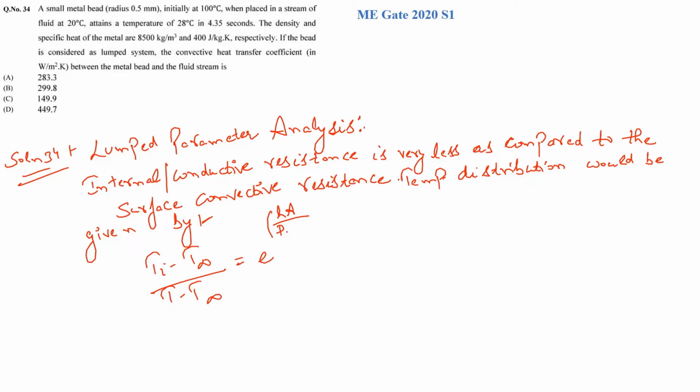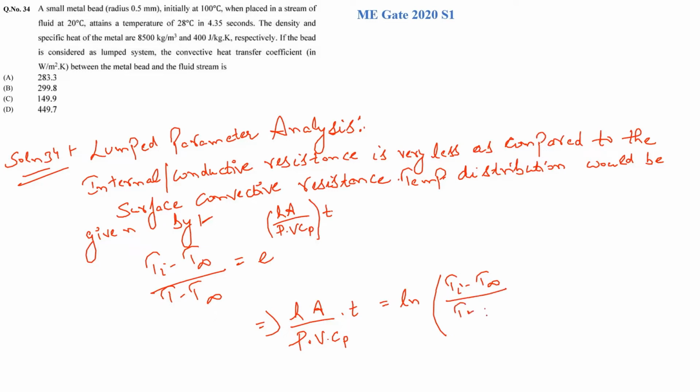If I write it in the general form, hA divided by rho V Cp times t equals the natural log of the temperature ratio. If you remove the natural log, we can write it as the change in temperature.